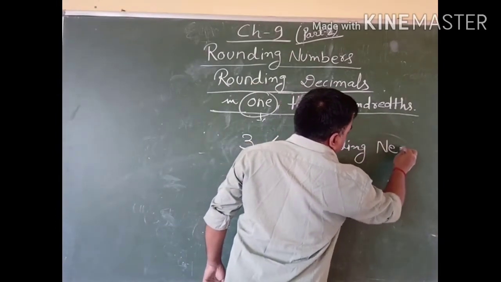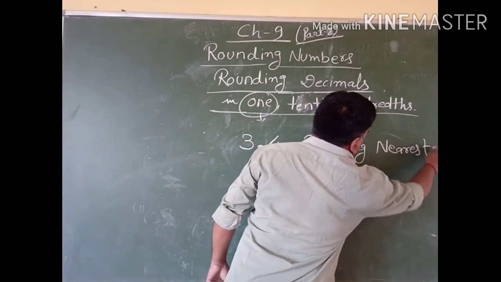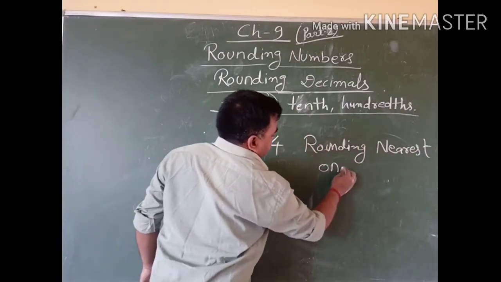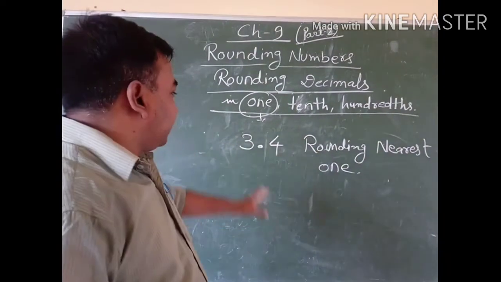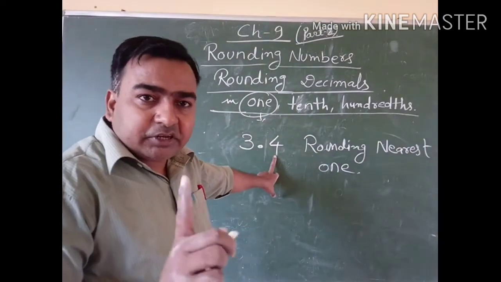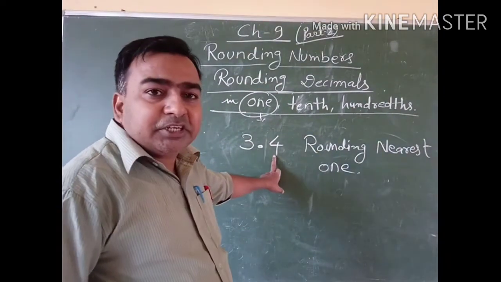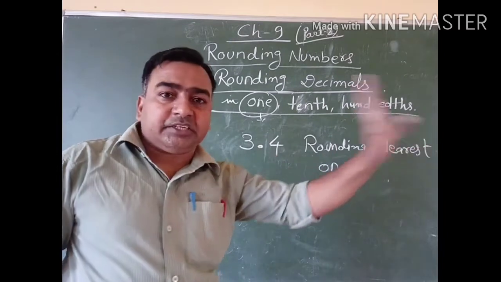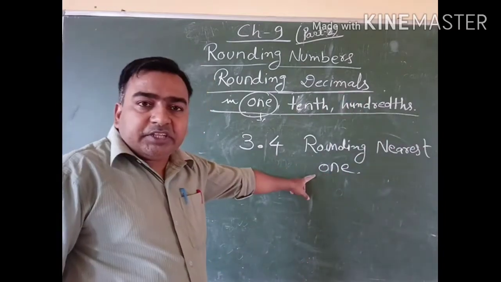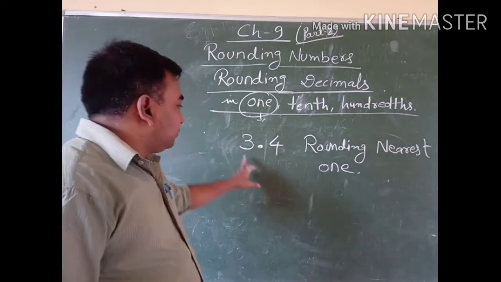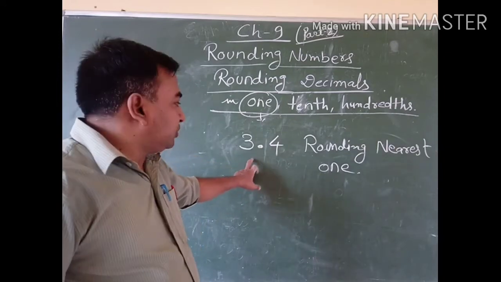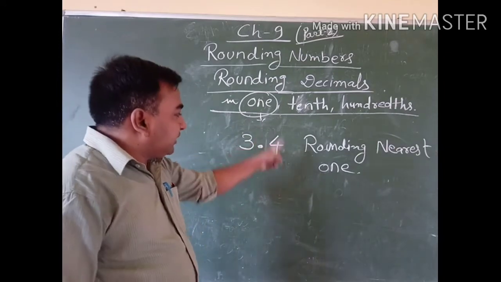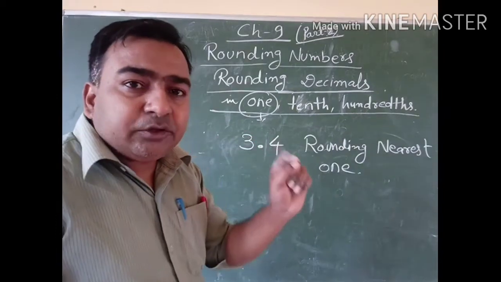Nearest 1 means what? This is not 1, this is tenths. Already I told the first decimal place starts from tenths, hundredths, thousandths like this. And when we talk about ones, this is the whole number. We have to bring this 3.4 to the nearest 1.